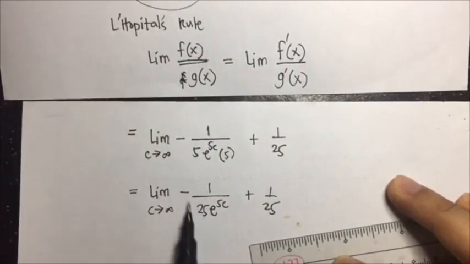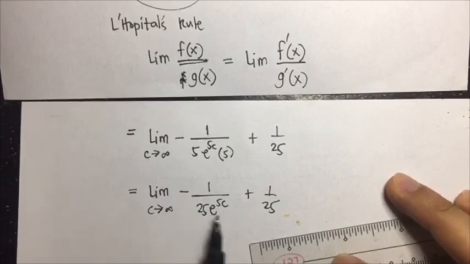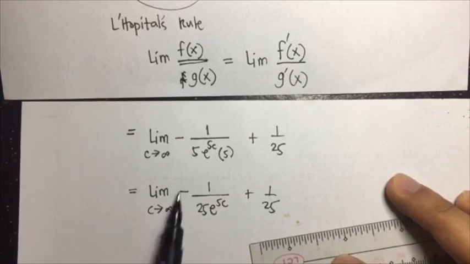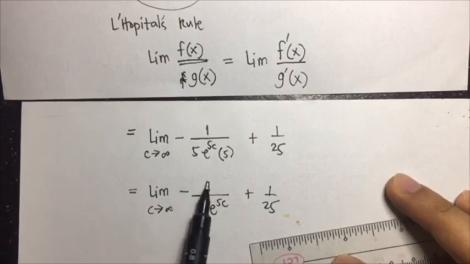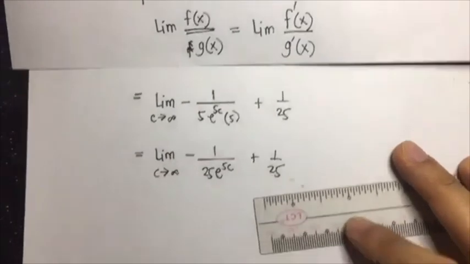With this form, if we take a look at c, if its value approaches infinity, therefore it will be e raised to infinity, and then it will become 1 over infinity. The value of 1 over infinity approaches 0.